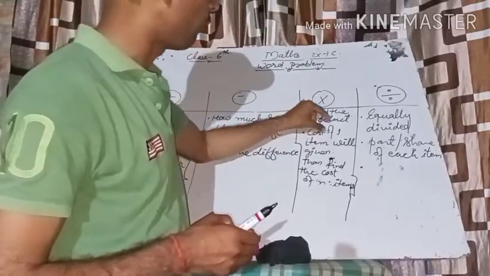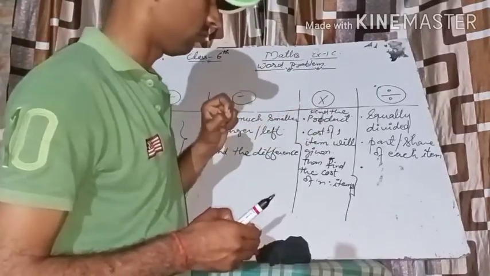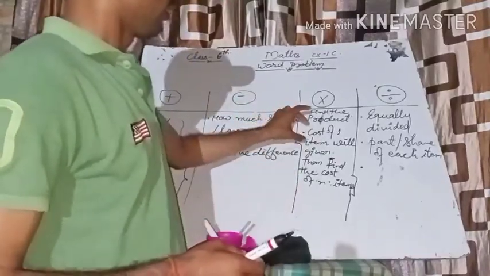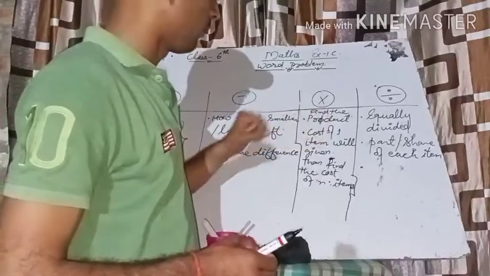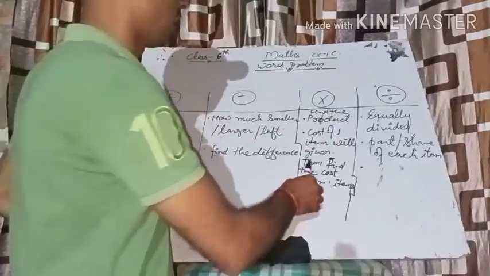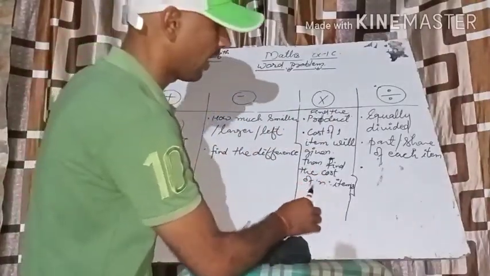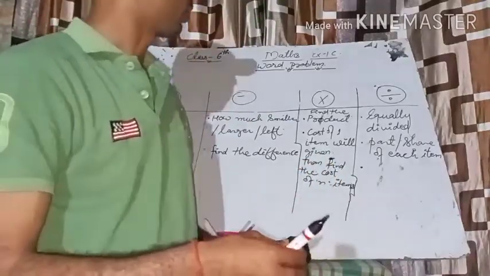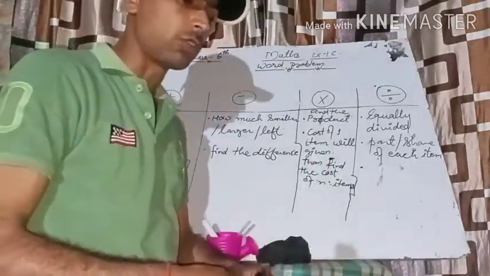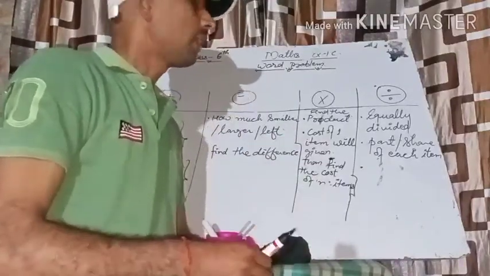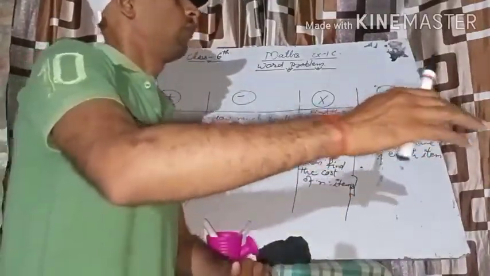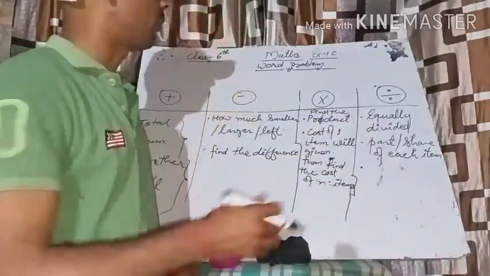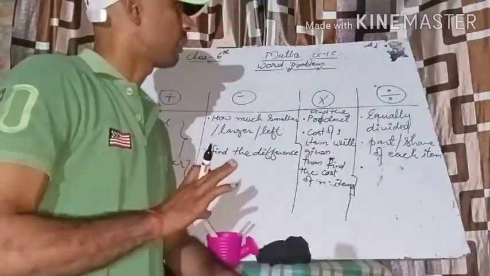If the cost of one item is given and the question asks to find the cost of several items, for example, the cost of one scooter is 20,000 rupees, then find the cost of 486 scooters, you have to do multiplication in that type of problem.